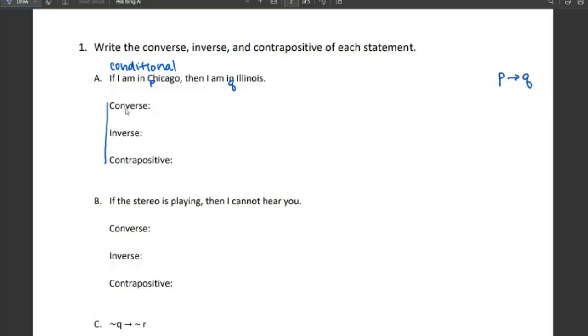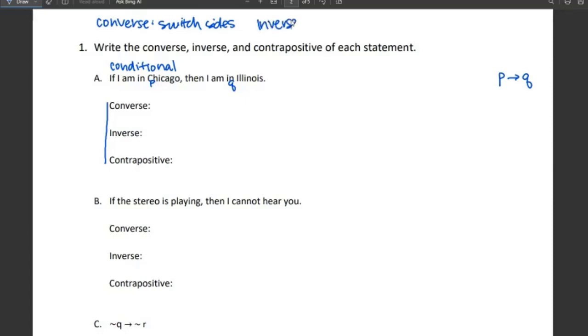When we find the converse, inverse, and contrapositive, we just have to follow the rules for each one. The converse, we are going to switch sides.